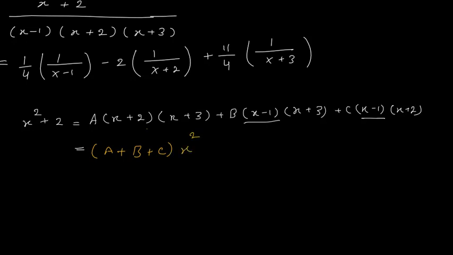Okay. Now let us see what the coefficients of x are. This x multiplied by 3 is 3x, and this 2 multiplied by x is 2x. So 5x. Now 5x multiplied by a, so I will write 5 times a. Similarly here, x multiplied by 3 is 3x minus x, so 3x minus x is 2x.